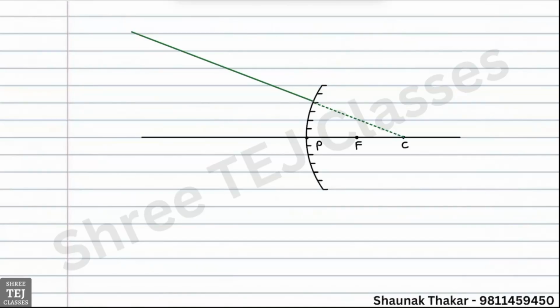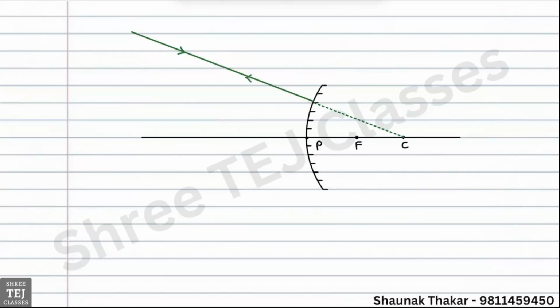So the incident ray is directed towards the center of curvature. Because center of curvature is behind the mirror, the ray cannot actually pass through it. After reflection, it will retrace its path. So after reflection, it will come back. So this will be the incident ray. After reflection, it will retrace the path back.